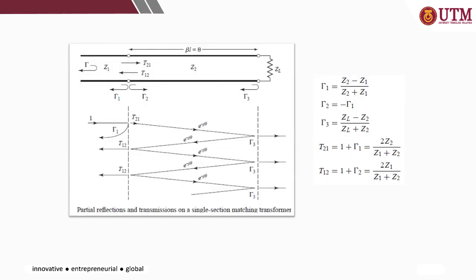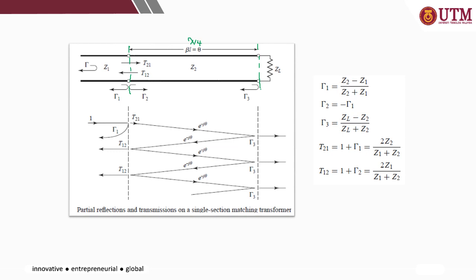This slide shows how the signal or the power travels along the transmission line when you have an additional section of quarter wavelength element in between the input and the load impedance. This is the first intersection between the input point and the lambda over 4 element, and another intersection towards the load.